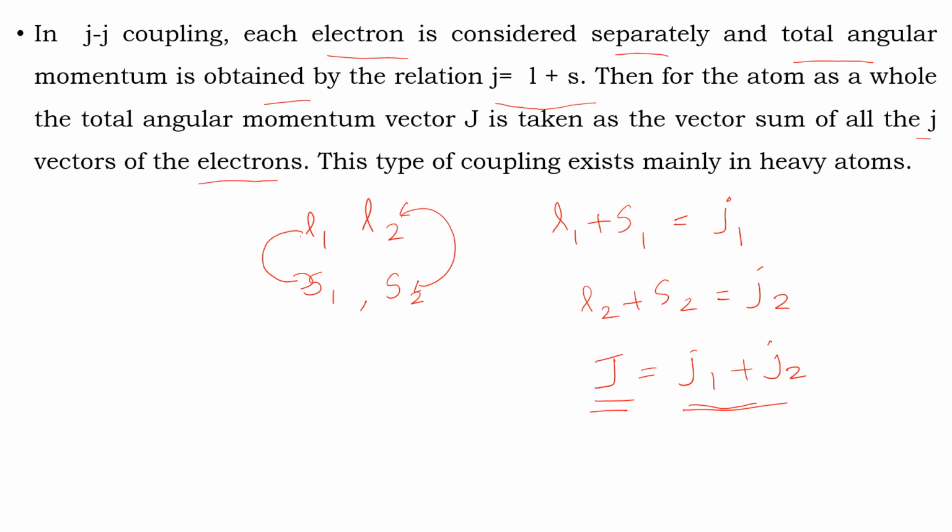This type of coupling exists mainly in heavy atoms, and it is a rare type of coupling. Thus, LS coupling and JJ coupling are the two important coupling schemes used in atoms.